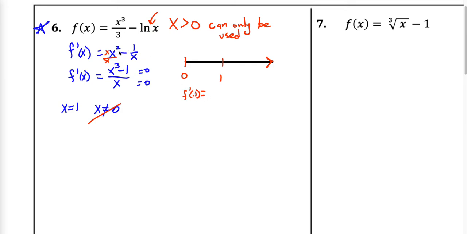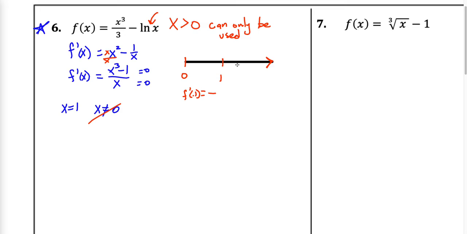In the derivative, 0.1 squared would be 1/100th minus 10, because 1 over 0.1 would be 10. So 1/100th minus 10 would be a big negative answer, or just negative.